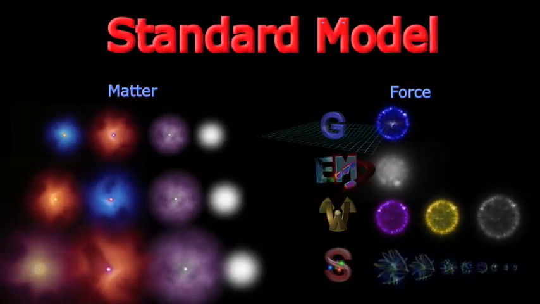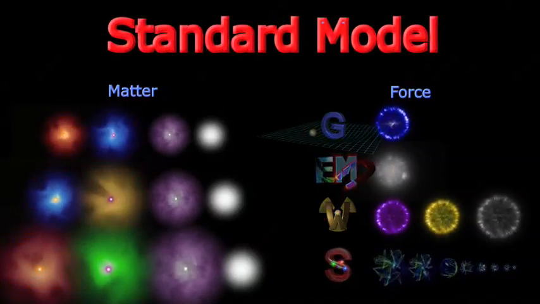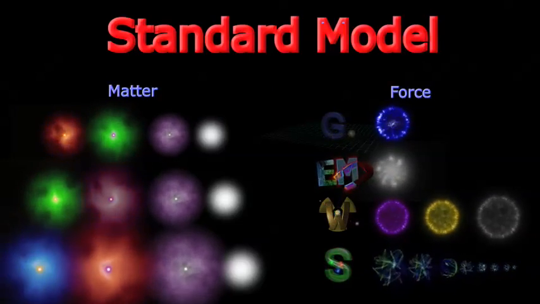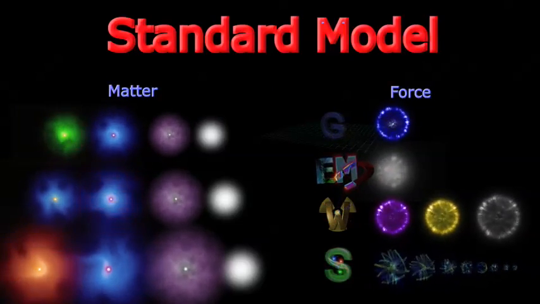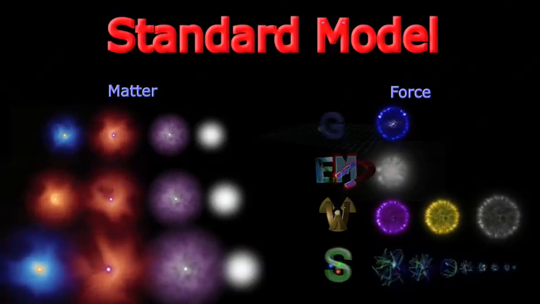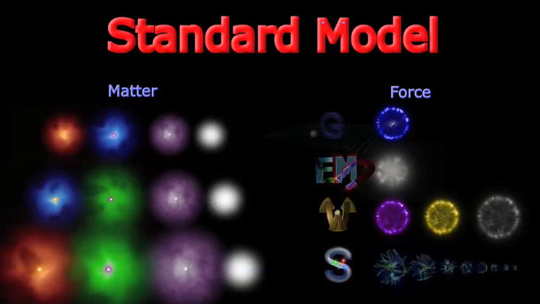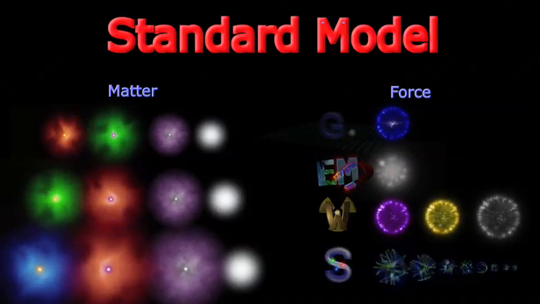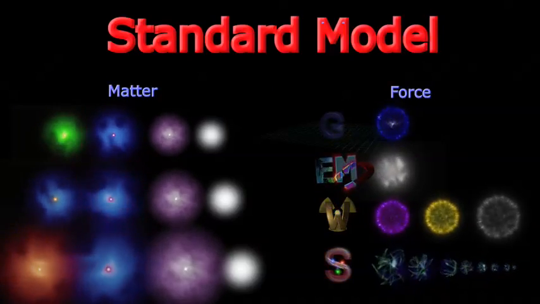The standard model of physics combines QCD with QED and the weak force theory. It states that there are 6 quarks and 6 leptons and 12 gauge bosons, as well as their antiparticles.